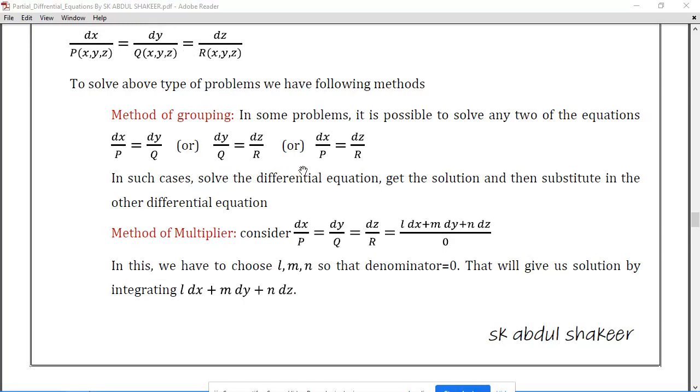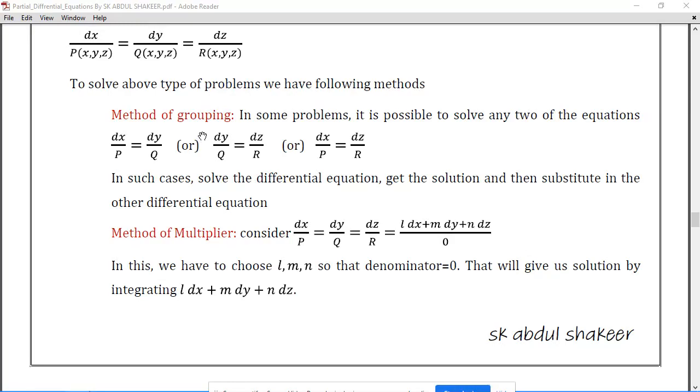We can solve any two of these equations separately, so that we get a solution, and then substitute it in the other differential equation and solve it. This is known as the method of grouping.